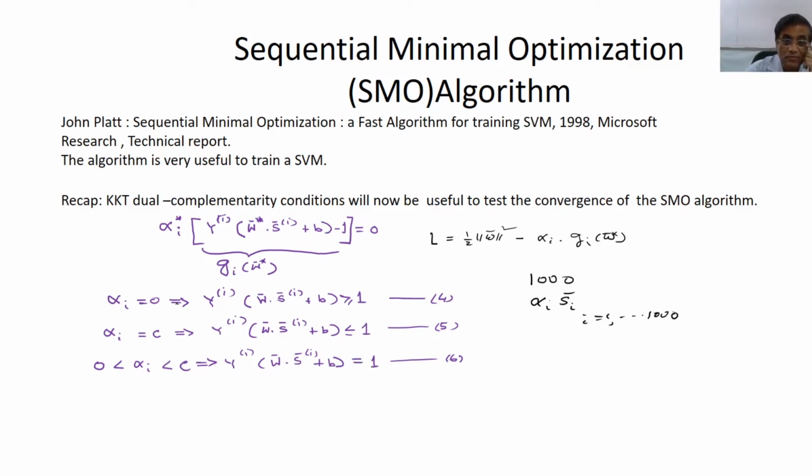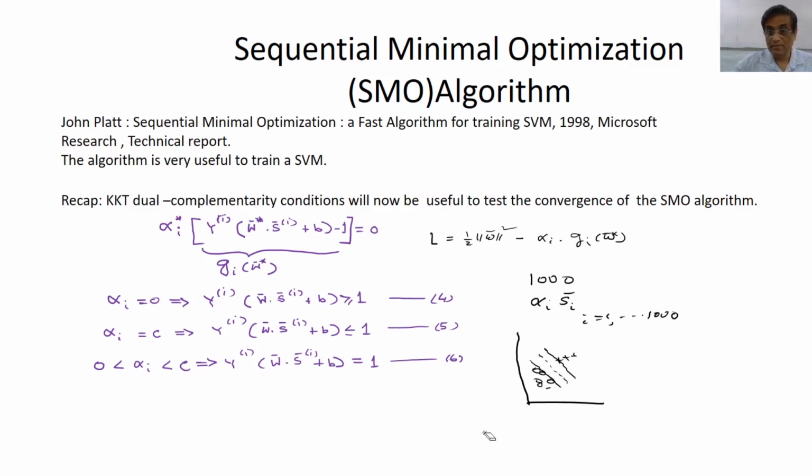If alpha is not equal to 0, then this will be 0. That means this constraint is equal to 1. So in most cases, other than the samples on the gutter, the alphas will be 0. We'll start from here.